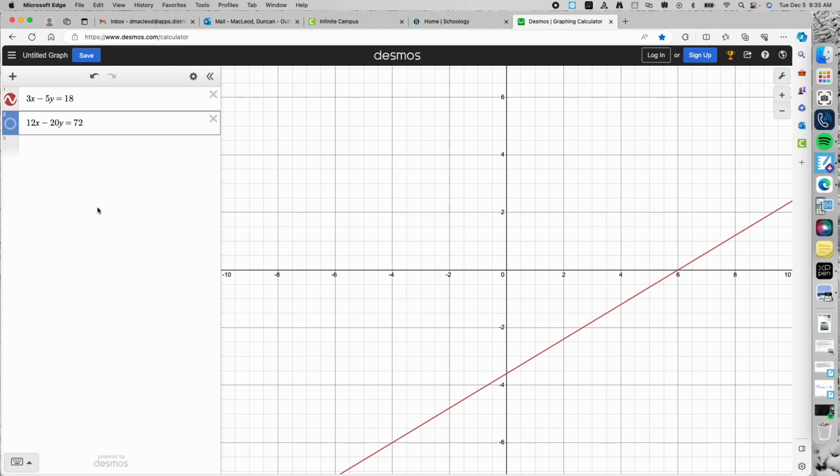What do we think is going to happen to the graph if we multiply everything by 4? Is it going to be 4 times higher? Is it going to be 4 times longer? Does anybody have a guess what they think is going to happen? Or should I have you guys just graph it on your own and find out?